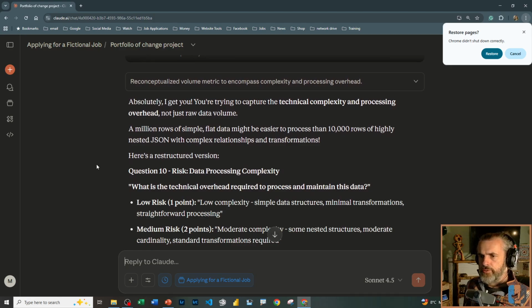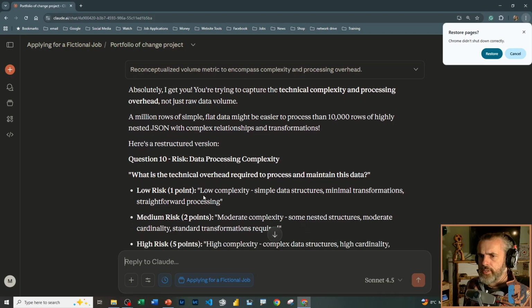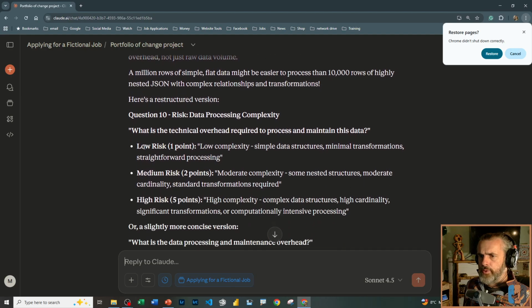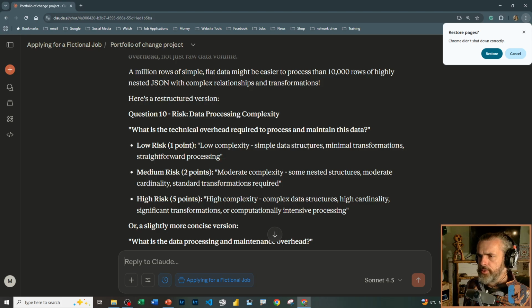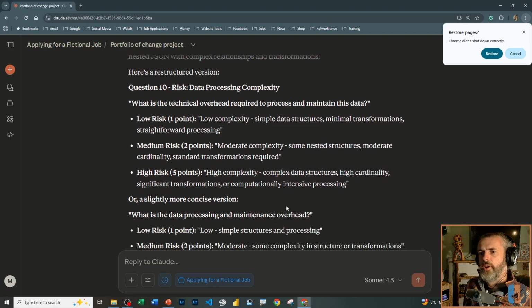Here's a restructured version. Question 10: What is the technical overhead required to process and maintain this data? Low: low complexity, simple data structures, minimal transformations, straightforward processing. Moderate: some nested structures, moderate cardinality, standard transformations required. High: complex data structures, high cardinality, significant transformations, and computationally intensive processing.